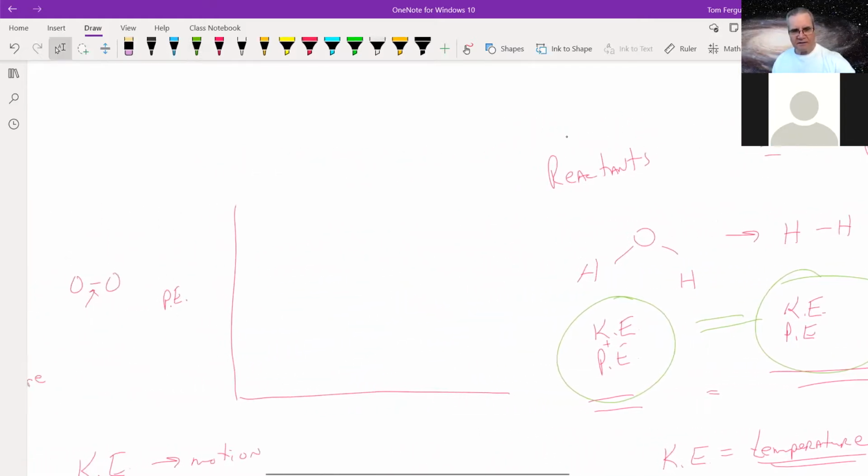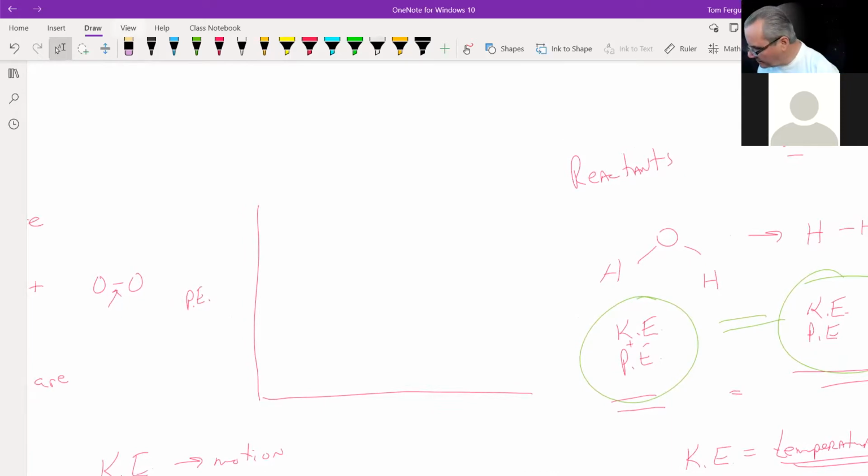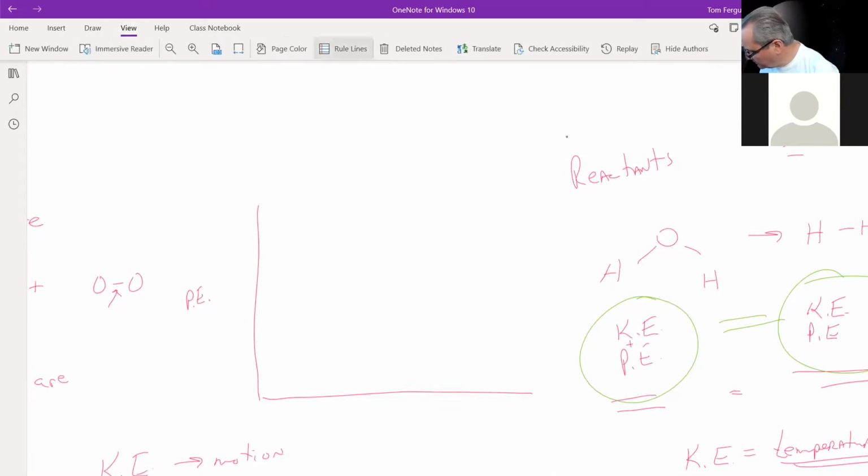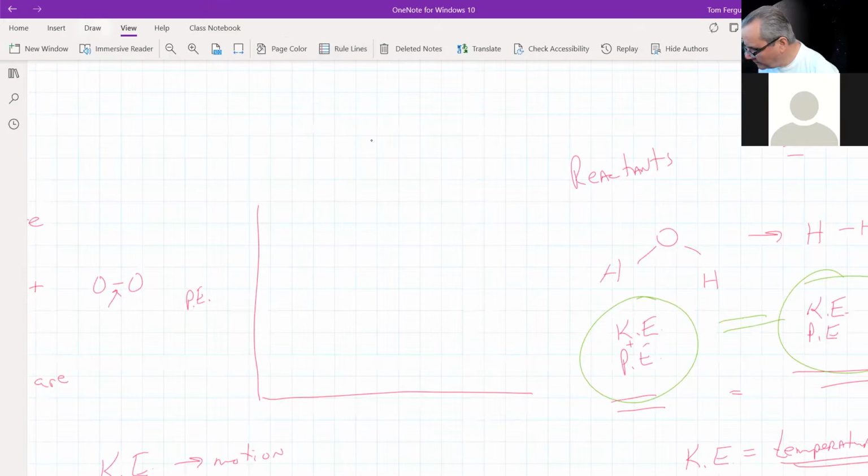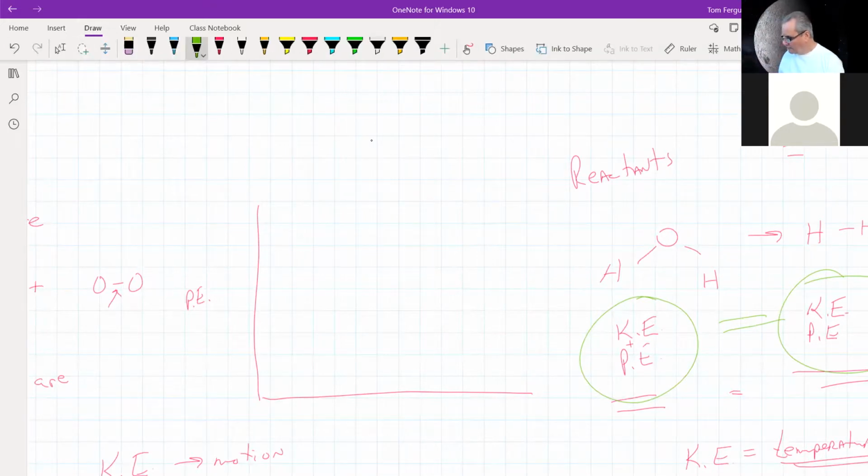All right, so let's now zoom back over to here. And let's look at now, from a graphic perspective, a graph of potential energy in terms of reactants and products. Okay.